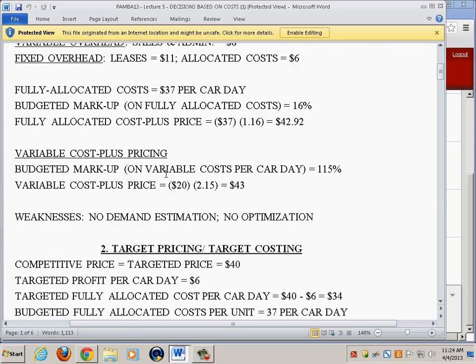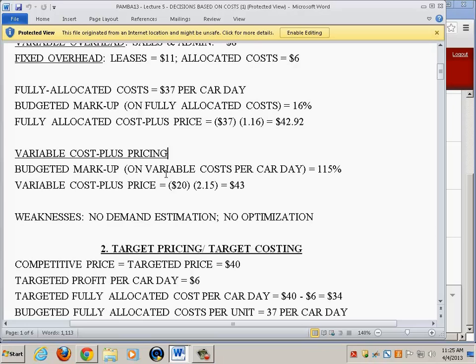We built things up on the basis of cost, but we didn't ask ourselves directly, what is the demand for the product? Now that is a major weakness, because we know, okay, so let's assume we have our fully allocated cost at 37.